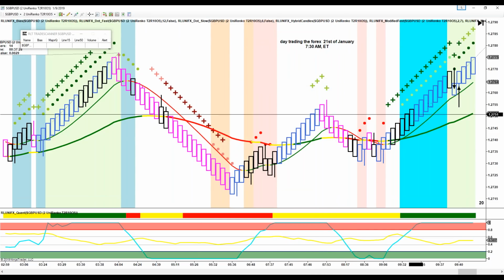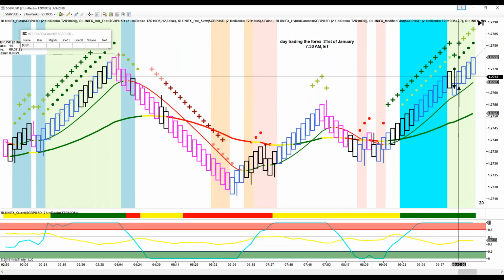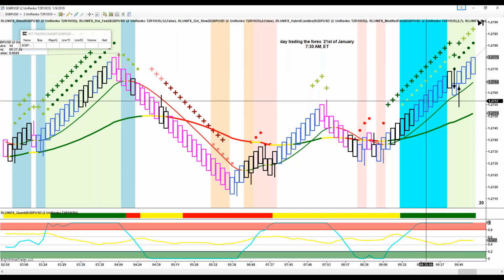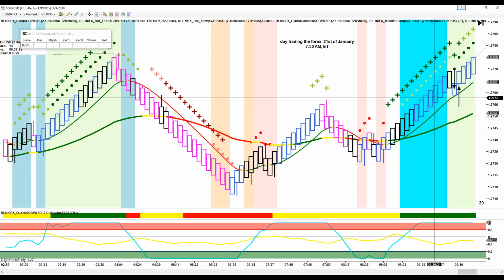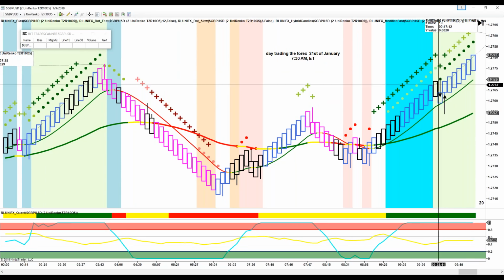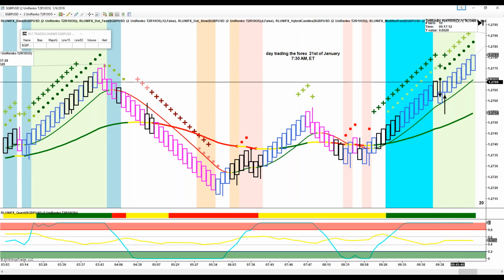Now, I don't know what his profit targets are. Our profit targets on the Forex are 6, 10, and 15 pips. And then we're out. So if you trade 3 lots, we just set it up that way. That's a lot of money if you can get all 3 targets.